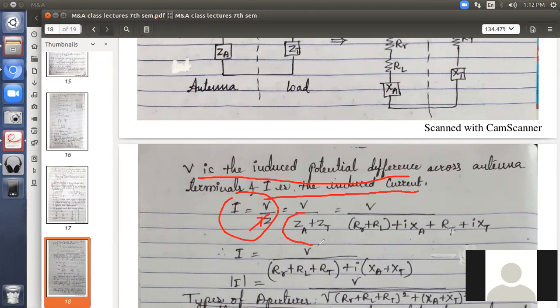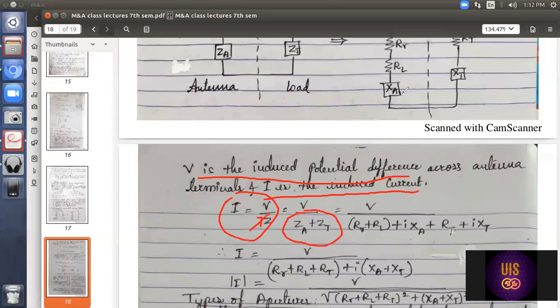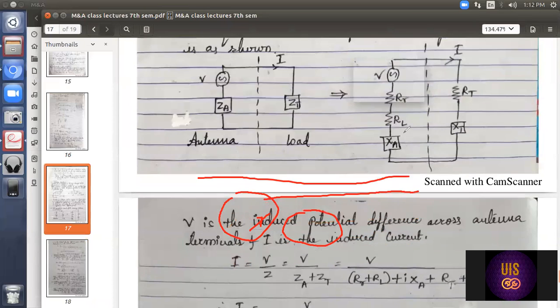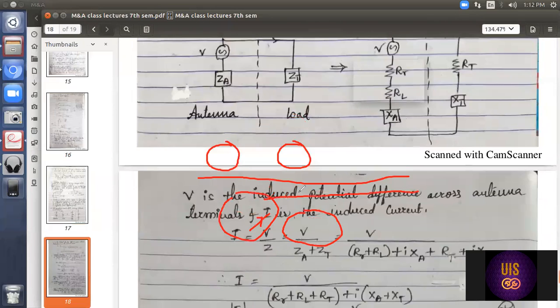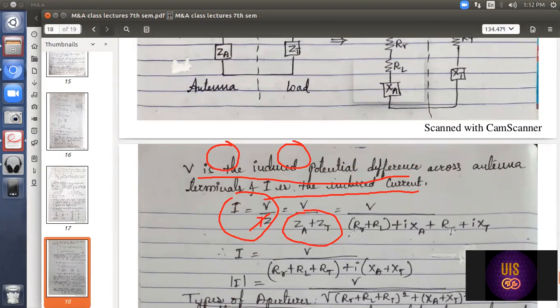Now, for the overall circuit, the total impedance will be ZA plus ZT, right? So replace this general impedance into both. The circuit has got two different impedances, ZA and ZT. Add them, keeping V as it is. What is ZA?